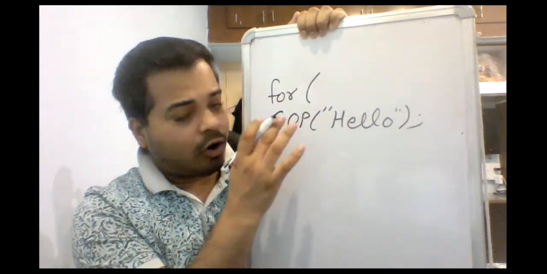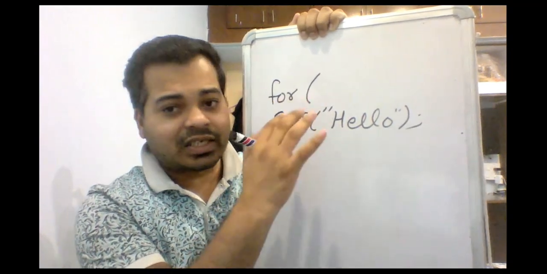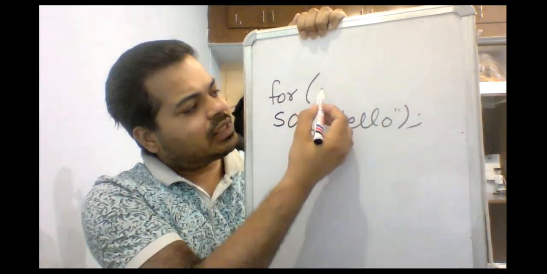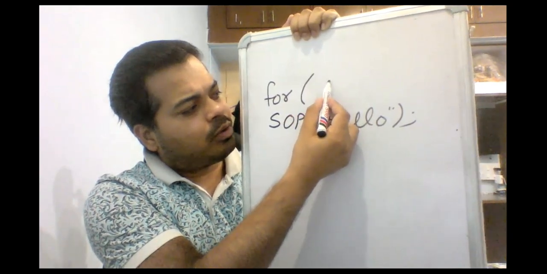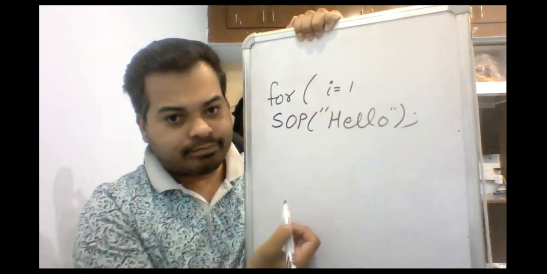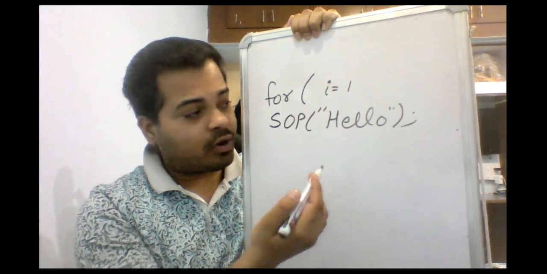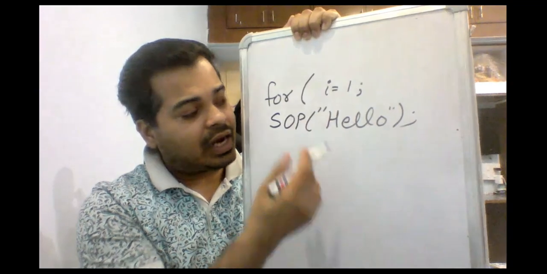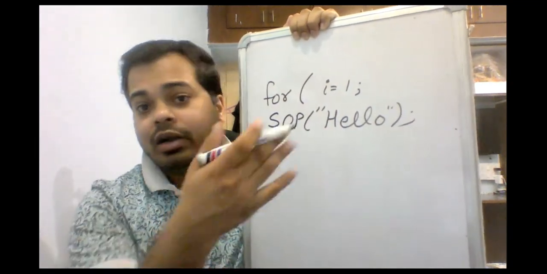Using for loop, all you have to do is write from what number you want to start your for loop. So I can say that I want to start my for loop from 1, and then you have to put a semicolon, and then it will ask you until what number you want to run it.